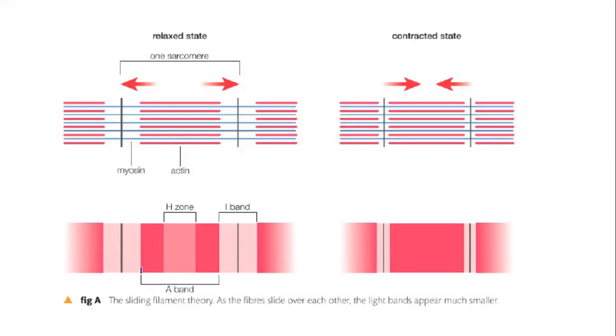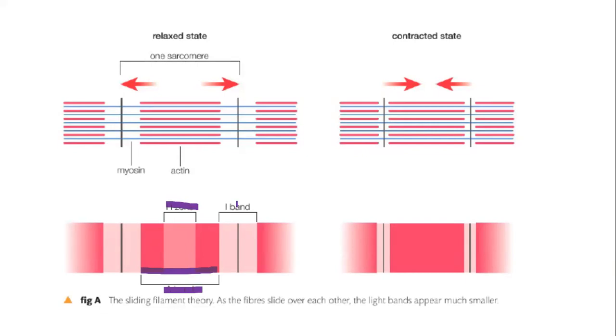So the dark band, this entire region from one dark band to the other, we call it the A band. Then we have the H zone, that's the medium color band, and then we have the I band, that is the light color band, right?